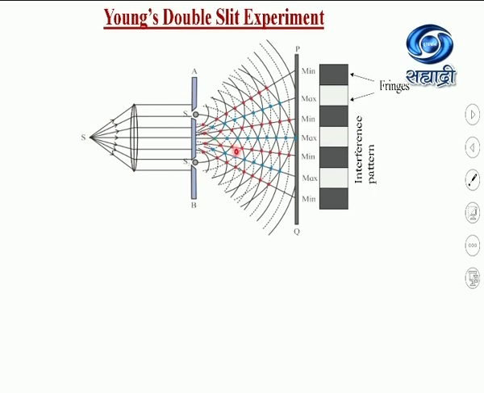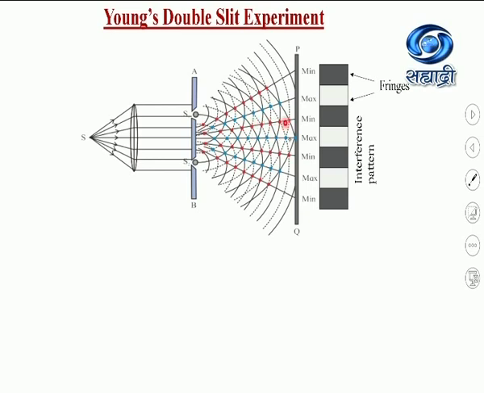Those points are shown by red dots. The line joining these red dots meets the screen PQ at some points, and the point on the screen where this line meets is the point of minimum intensity, or the dark point. The region surrounding this point is the dark region.